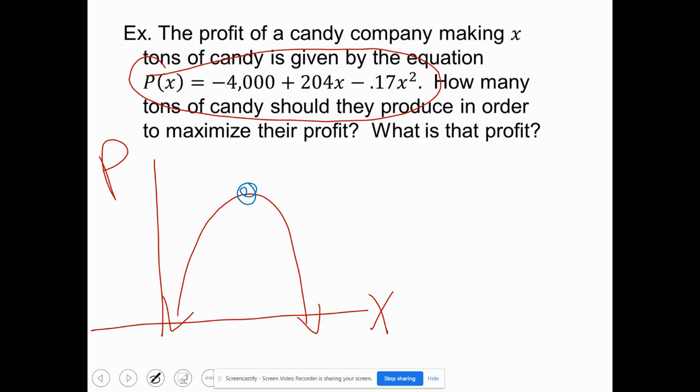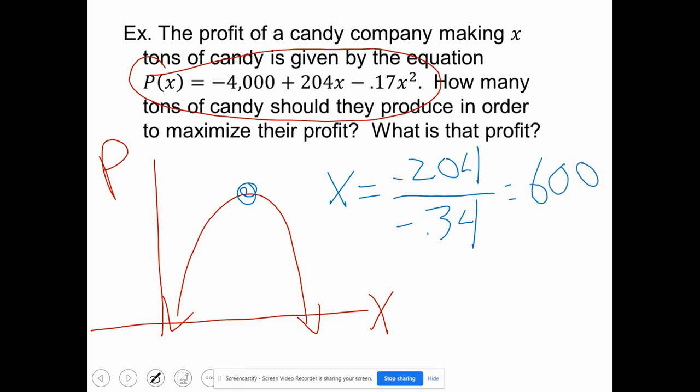It should make sense that there's only one point where the slope is equal to 0 because it's a quadratic. If you used our derivative formula or our vertex formula, x equals negative b over 2a, we talked a little bit about that yesterday, that it came from calculus. Notice you still get the 600. Everything should make sense with that.